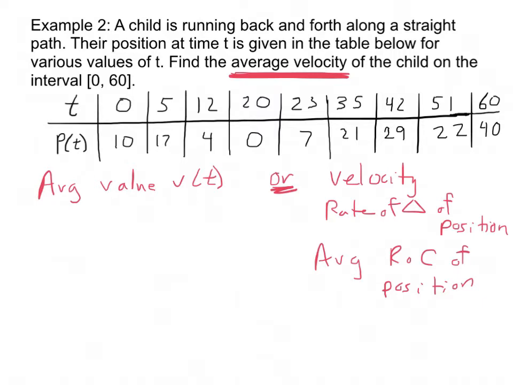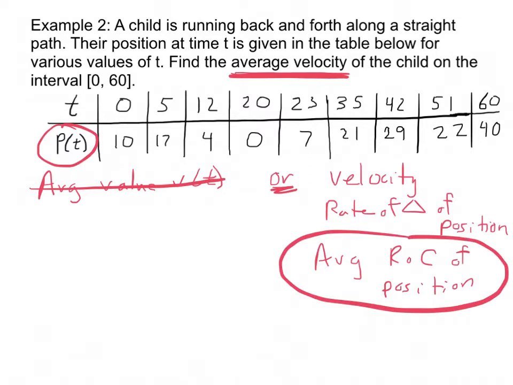In this case, I'm given a position function, so trying to find the average value of the velocity function just doesn't make sense. It makes a lot more sense to compute this average velocity by finding the average rate of change of position. If that's not clear, pause, rewind, listen to that again, process that again, and make sure that you're understanding it. So I'm going to find the average velocity by finding the average rate of change of position.